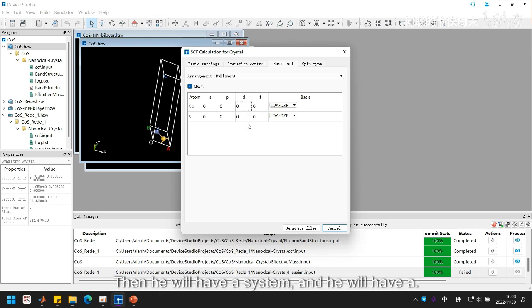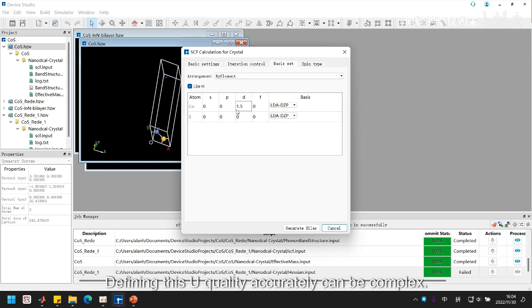Then it will have a system with a relatively strong exchange correlation, and if you use the general DFT calculation, some of its strong correlation effects may be ignored, and some may be underestimated, so we have to manually add a U to compensate for it.